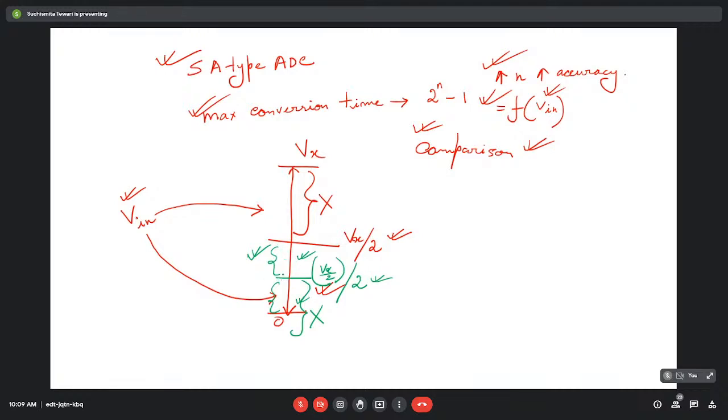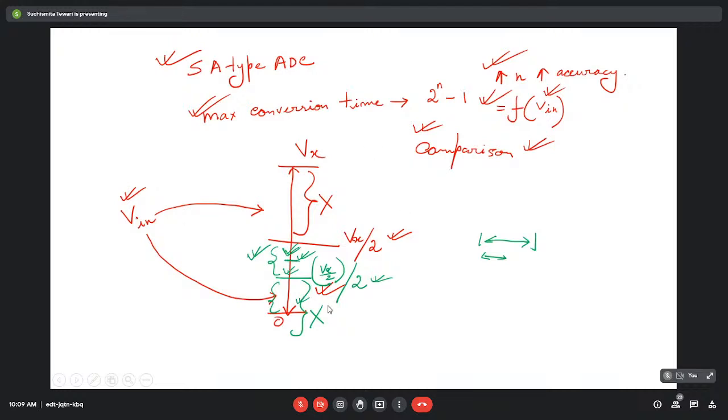So we can see with each step, the width of the entire range is getting decreased, and it becomes closer to this Vin value. So again this range will be divided into two parts, and again we will see whether it falls in this range or in this range. In this way the whole comparison will take place. So this is the basic philosophy.